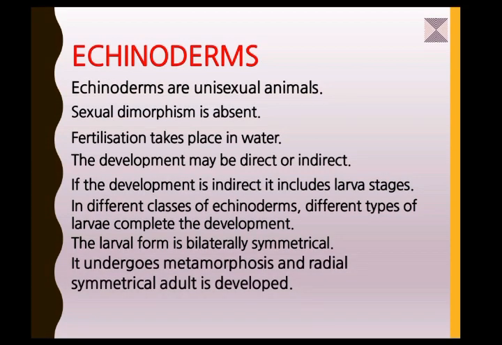It undergoes metamorphosis, and a radially symmetrical adult is developed. As you take the case of the starfish, suppose, it has radial symmetry. So these adults have radial symmetry, but the larval forms have bilateral symmetry.